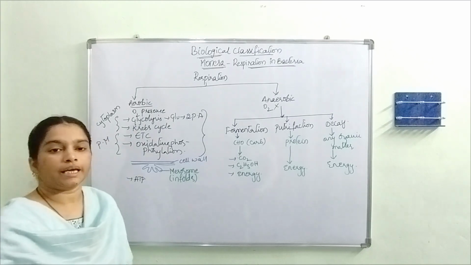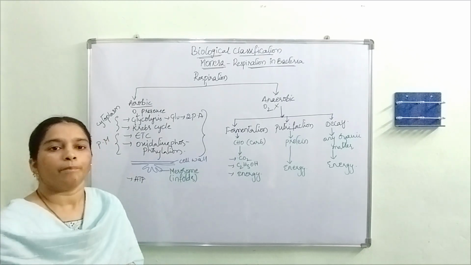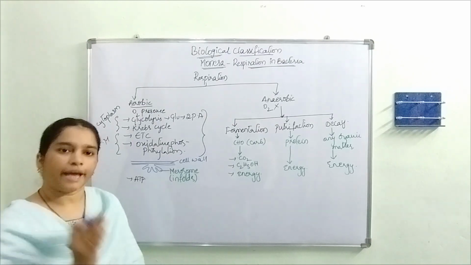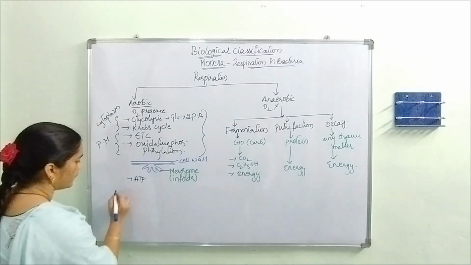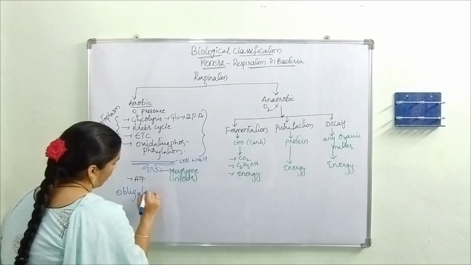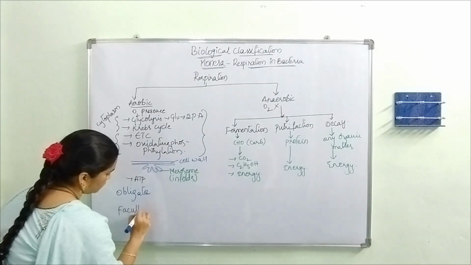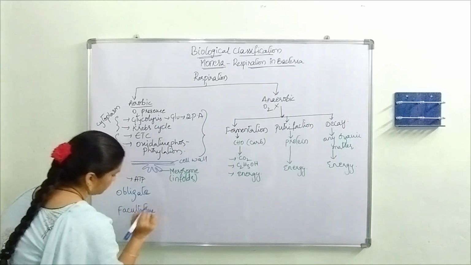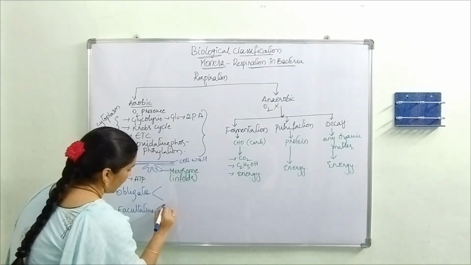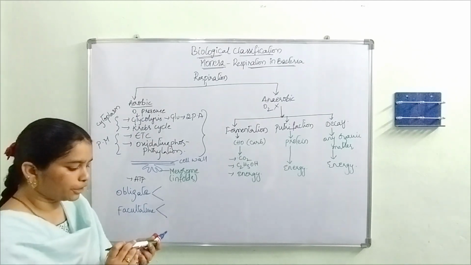Now coming to the bacterial types, there are 2 types of bacteria based on aerobic and anaerobic respiration. They are obligate and facultative. And again, the obligate type is categorized into 2 types.